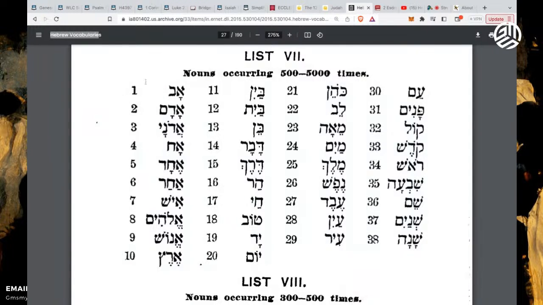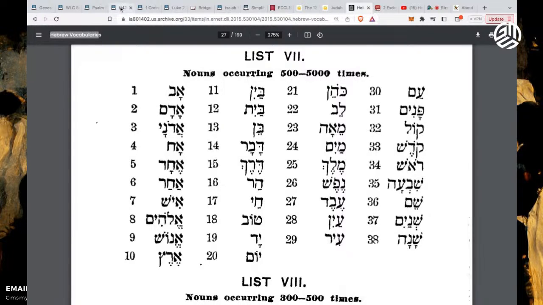Look at the most common words, the most frequently occurring words, and memorize them. It's only 38 of them here. And when you're going into scripture, 9 times out of 10, every scripture you run into in the Old Testament is going to have at least the root of one of these words. We can pick another example after this, but I want to really take it slow and make sure this makes sense to brothers.